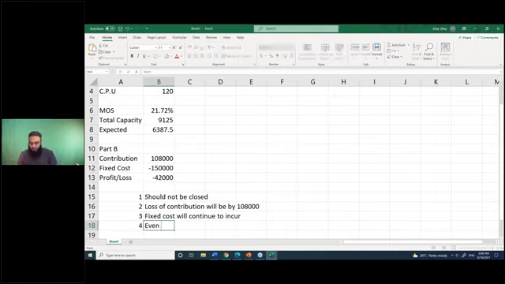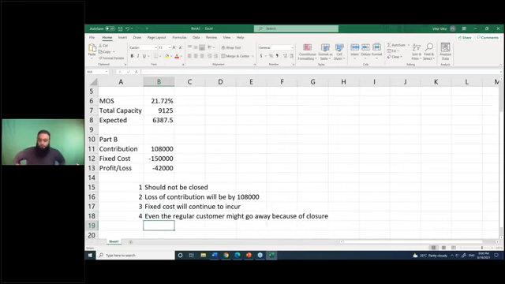So even the regular customer might go away because of closure. Are you getting my point? So this is a definite risk. This is definitely a risk that your regular customer might go away because of closure.